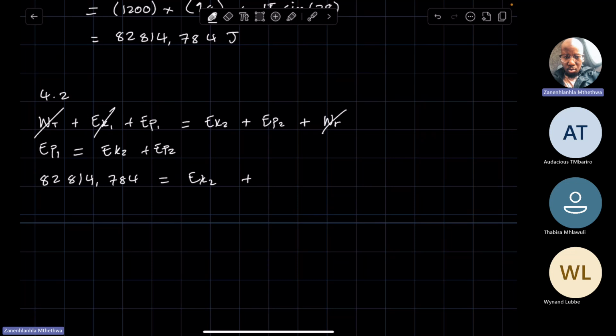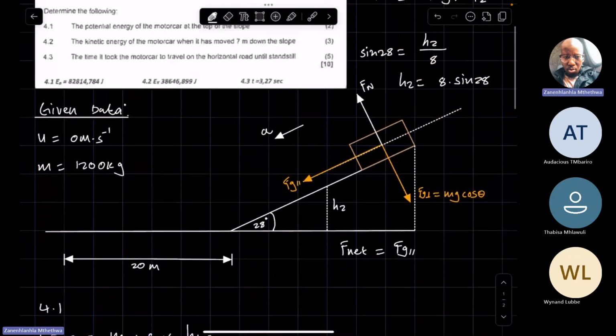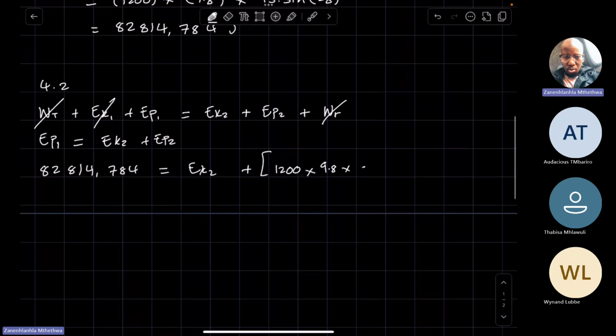Plus, we know that this is equal to MgH2, which is going to be, the mass is, what is this, 1200. g is 9.8. And then H2 we established is equal to 8 sine 28.